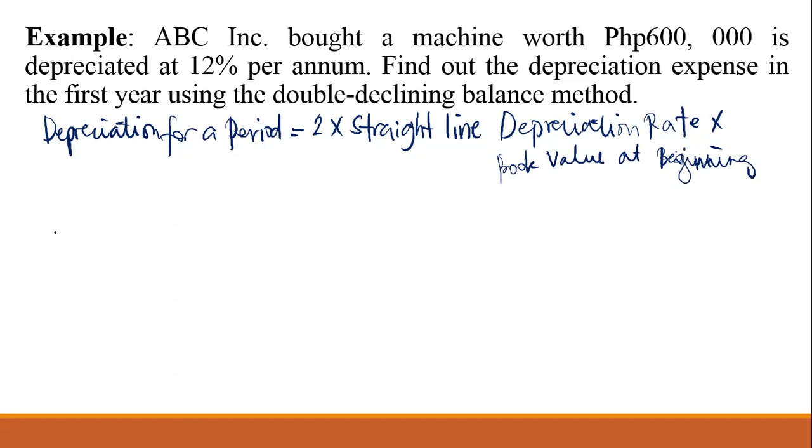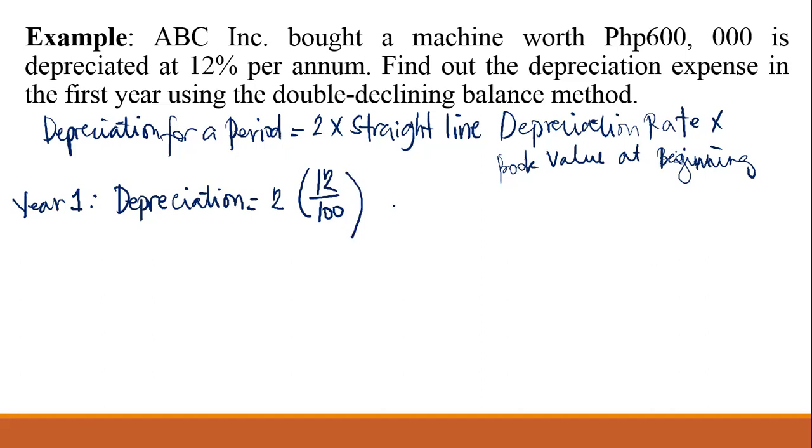Okay? So, for our year 1, yung depreciation natin is equal to, so this is equal to 2 times, okay, so 12 over 100, yung rate, okay, times the book value.